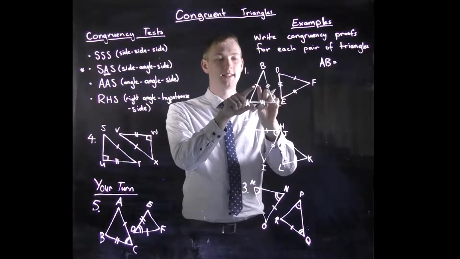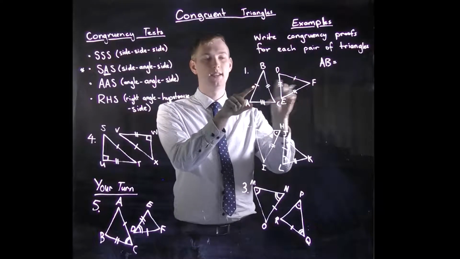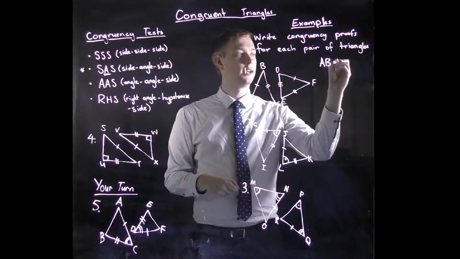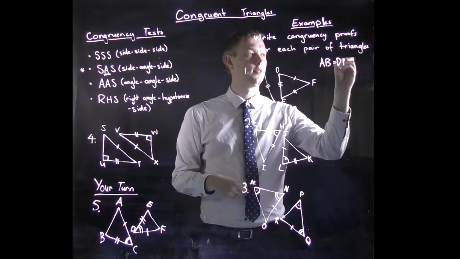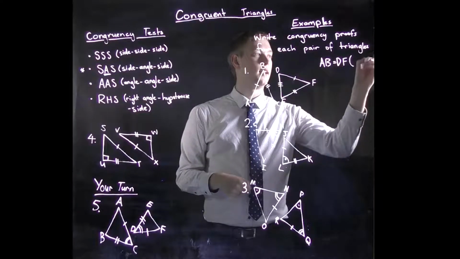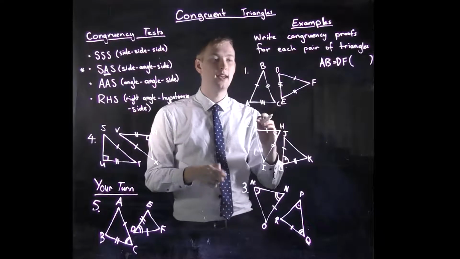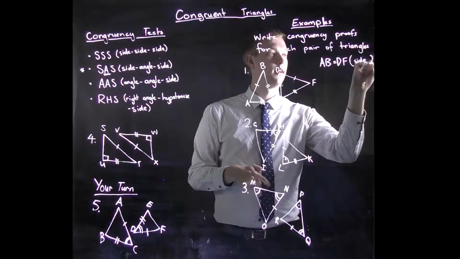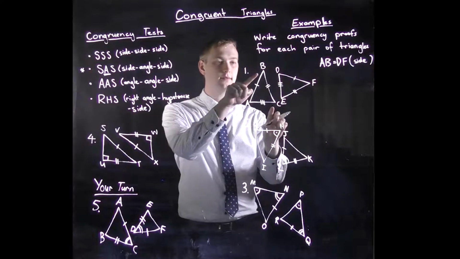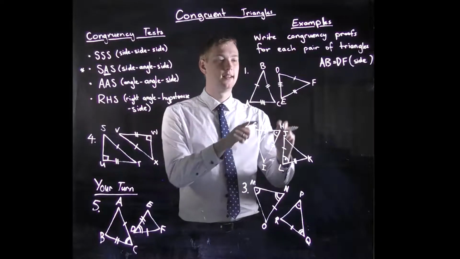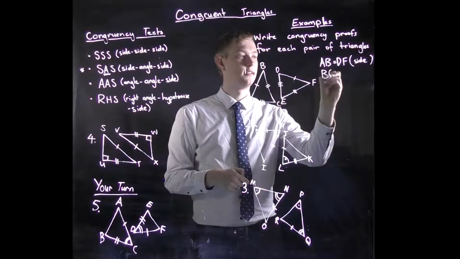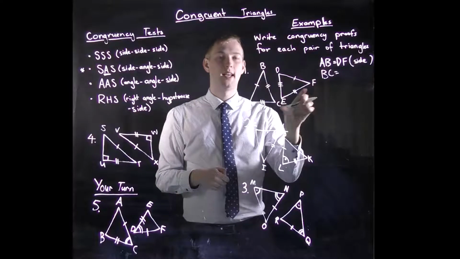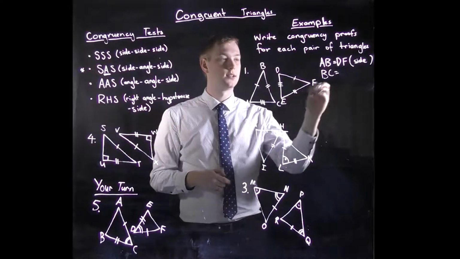And then we need to match it to the side that's the same size. So here we have one line, here we have another one line. So we go AB equals DF. Now we need to write how we know that, and it's a side, so we can write side. Next we go BC, we write BC equals, and we have it matching, so 2 and 2 with EF.